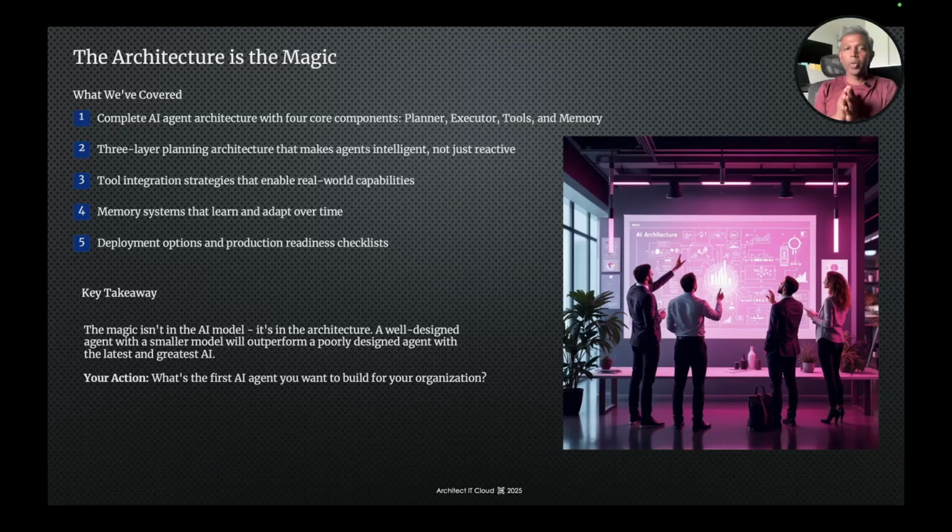When you design your architecture, always have three layers: one to get the insight, a second to decompose the tasks, and a third to execute the tasks. For tools integration strategies, you should not hard code any tools into your agentic system. If a particular tool is not available or is failing, your agent should not get stuck there.